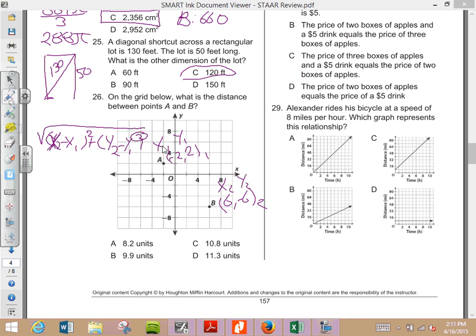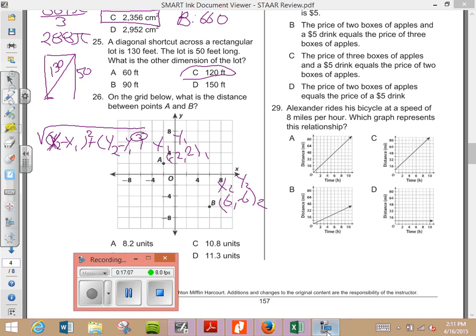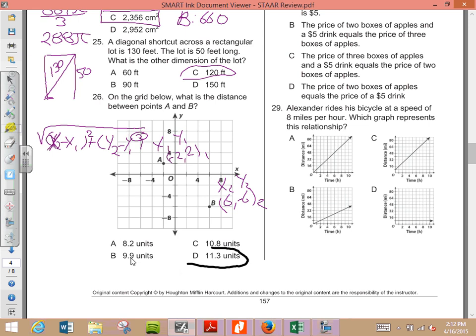All you have to do is put it in the calculator as it is and get the answer. Go ahead and do that on your own real quick. It is 11.3 units, right? And you round. But even if you got something else, you can still figure it out by looking at the numbers. None of the other ones are close to what you got, right?